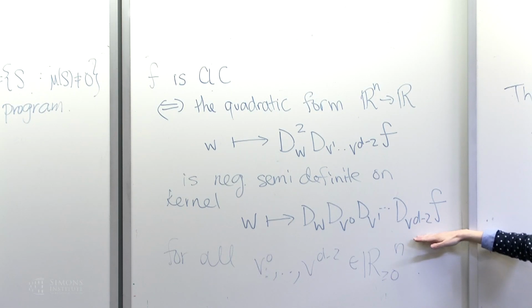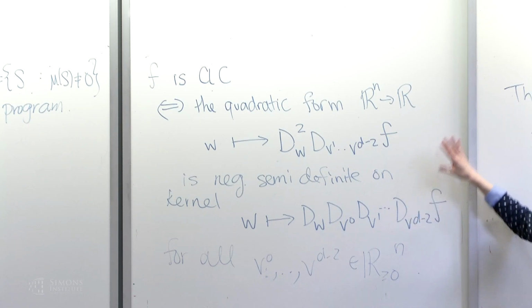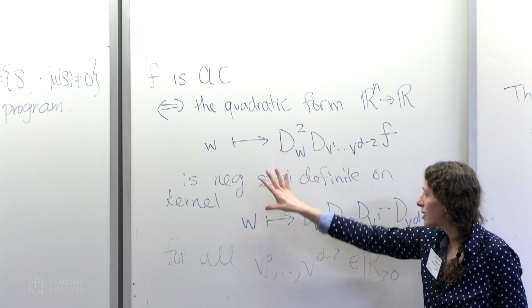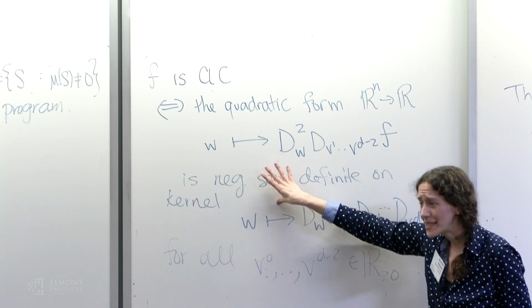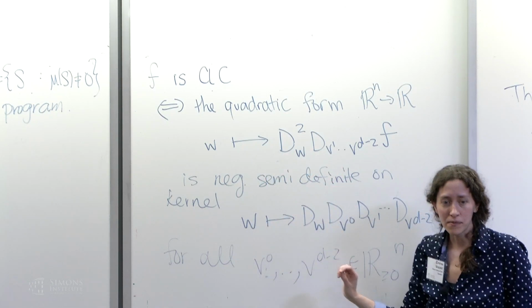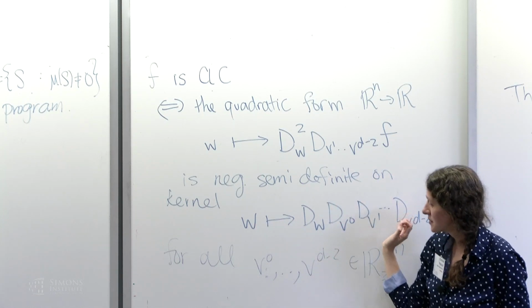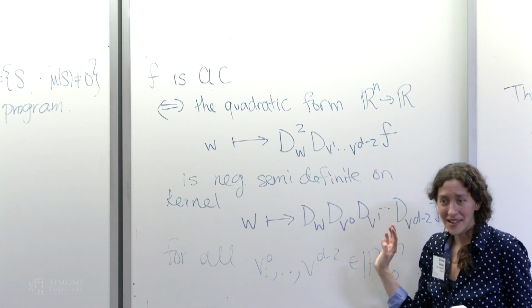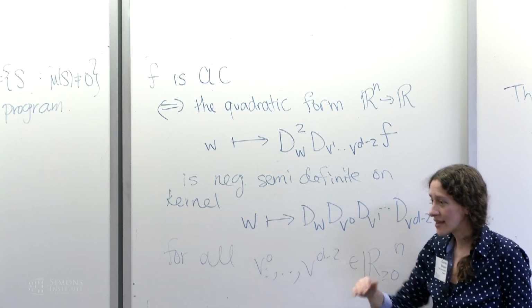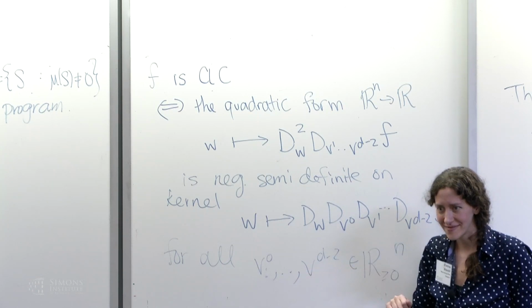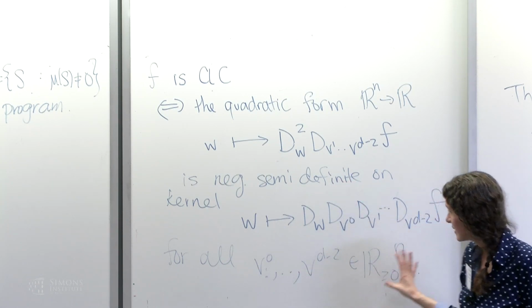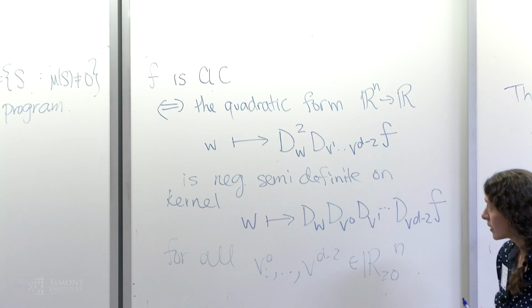Convince yourself that this is a linear space. This is a quadratic form. That's the statement. And modulo replacing negative semi-definite with negative definite, this is the mixed Hodge-Riemann relations at the first level. There's a lot of them, and this is level 1.